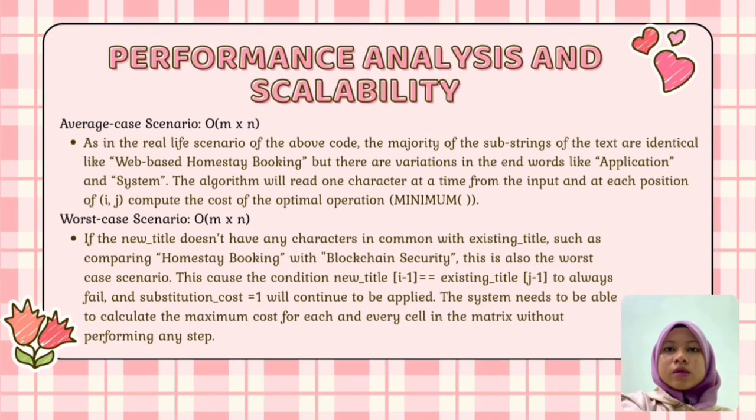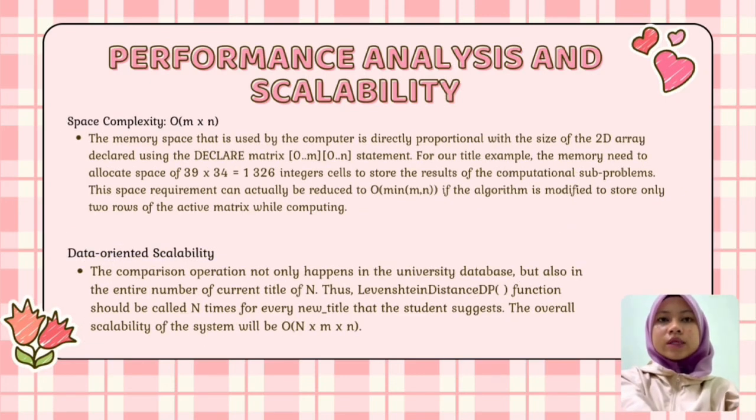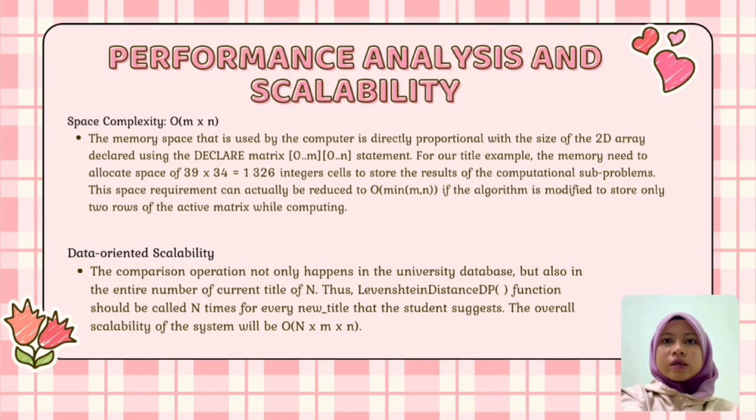So the system needs to be able to calculate the maximum cost for each FYP cell without performing any skipping step. In the space complexity, the memory space used by the computer is directly proportional to the size of the 2D array, using the matrix O(n) and O(m) statement.